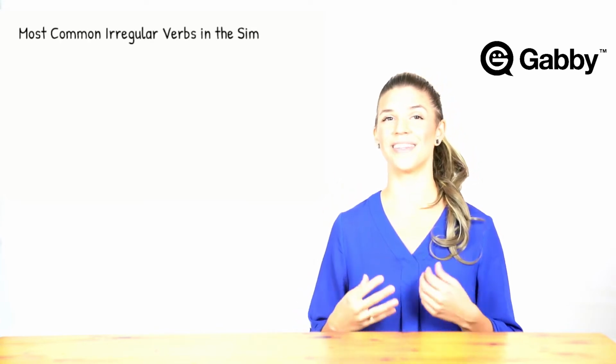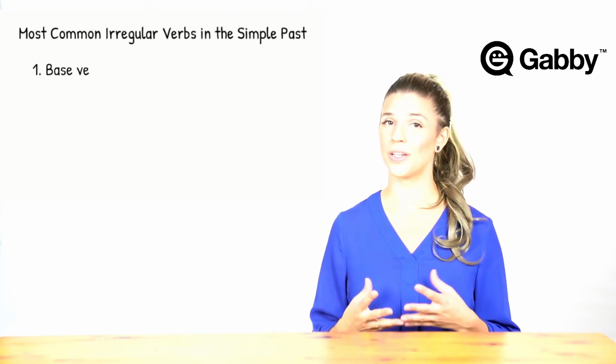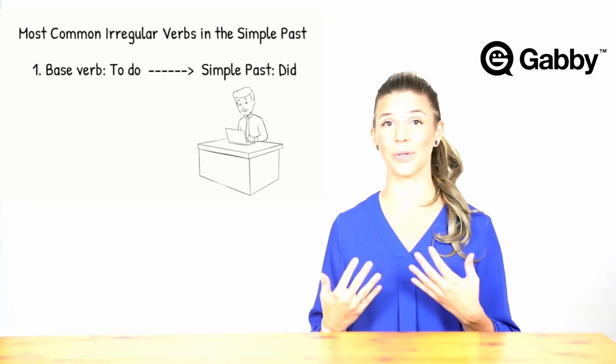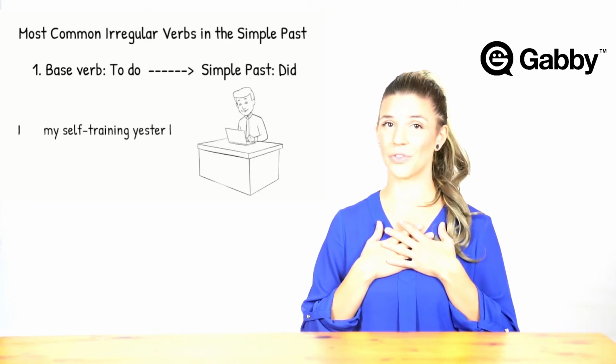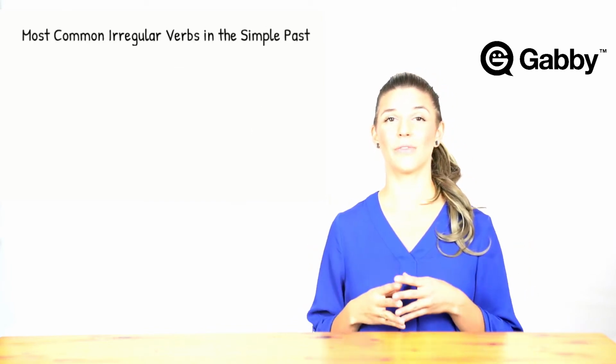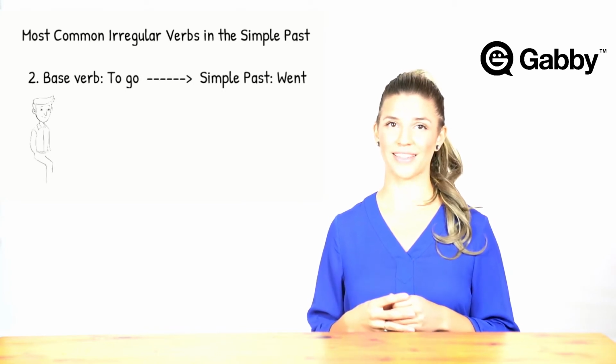There are exceptions to this, and now I will show you the 3 most common irregular verbs that we use in the simple past. Number 1, the verb to do becomes did in the simple past. For example, I did my self-training yesterday. Number 2, the verb to go becomes went in the simple past.